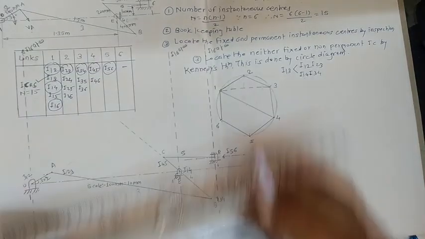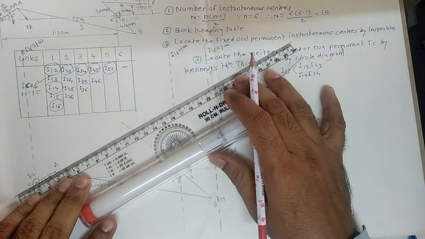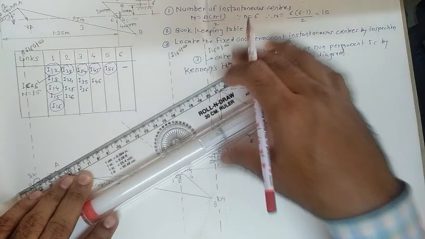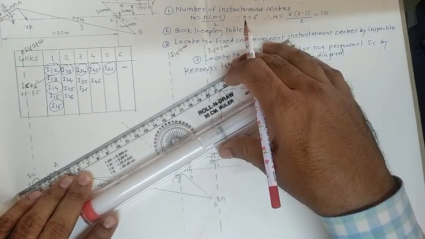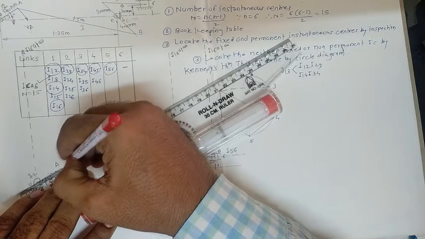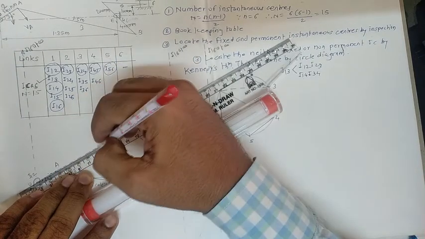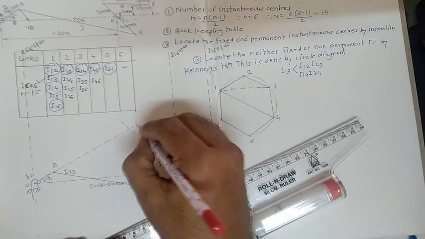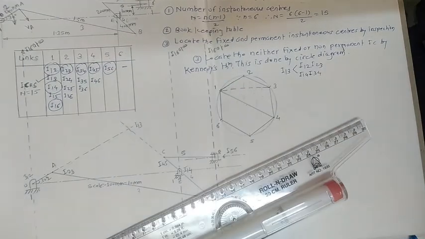Extend the line from this one. So the intersection of these lines will occur at this spot. So this is nothing but the I13. I hope this location of I13 is clear to you.